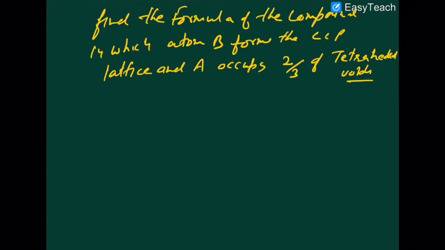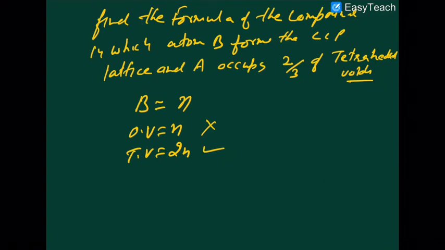Okay, now what will happen? B will form the CCP, so its number will be N. So octahedral voids will also be N, and tetrahedral voids will be twice of N. Octahedral voids are not occupied in this case, but tetrahedral voids are.